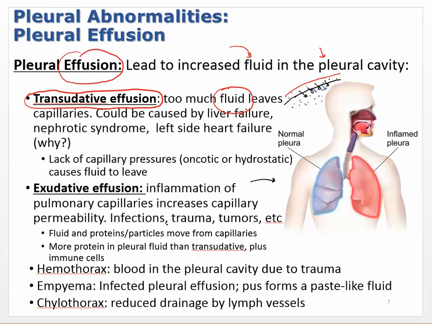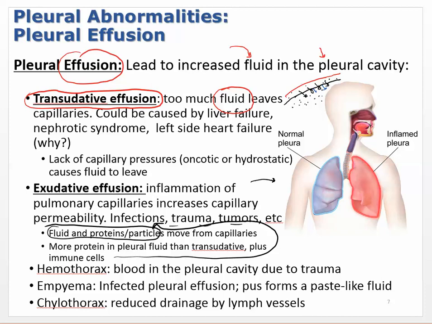This could be associated with infections, trauma, tumors, and so you have fluid and proteins or particles moving from the capillary. So you're going to see more protein in exudative effusion than with transudative effusion, plus immune cells. That's why it's a lot of times associated with an infection, whereas these are associated with liver failure, nephrotic syndrome, left side heart failure. Hopefully that makes sense.